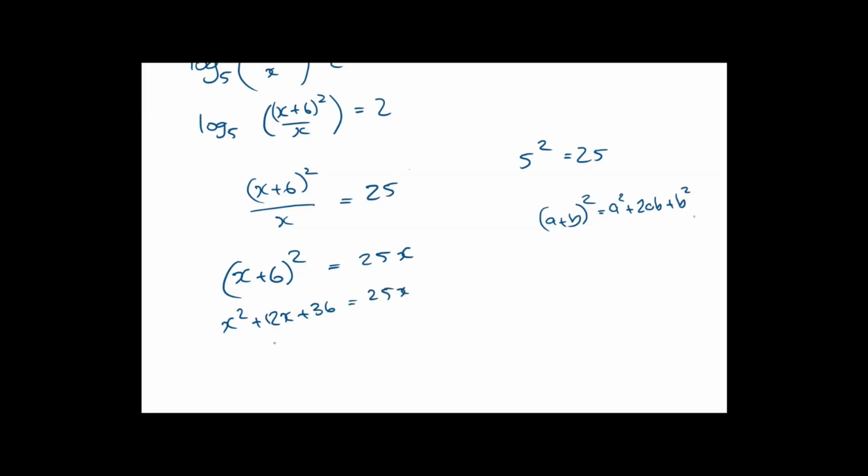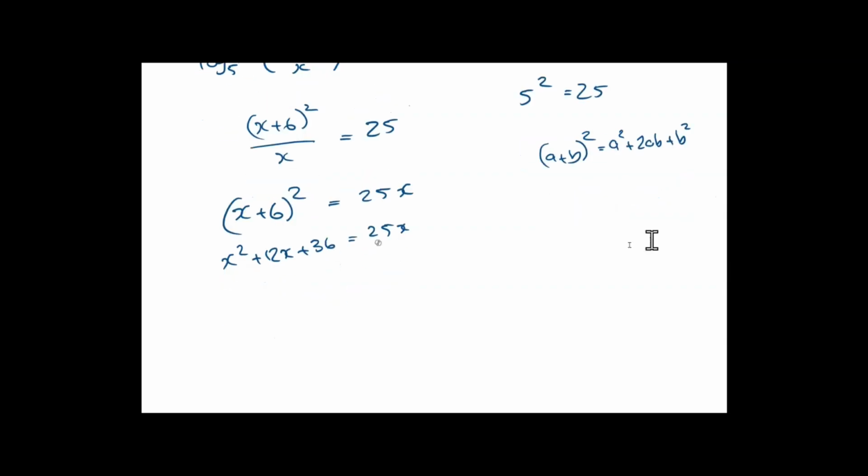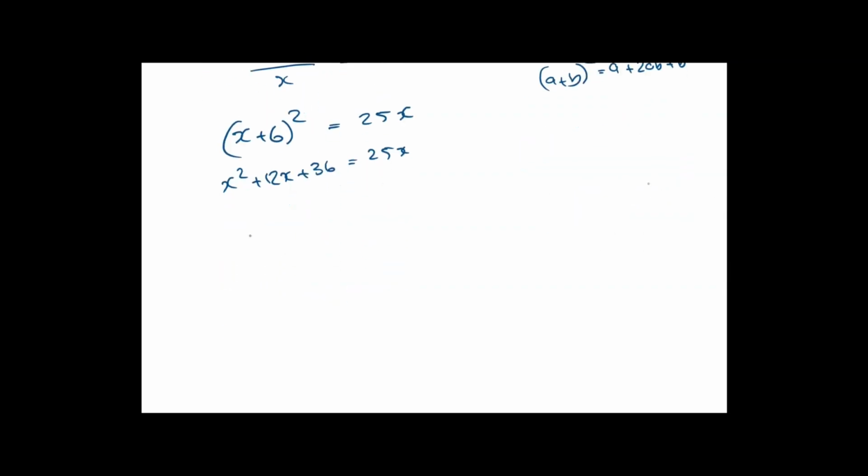I'm going to bring this 25x across and maybe write a bit clearer. So x squared, so 12 minus 25 is going to be minus 13x plus 36 equals 0, and now we can solve that. So either we can factorize it, or we can just use the calculator.